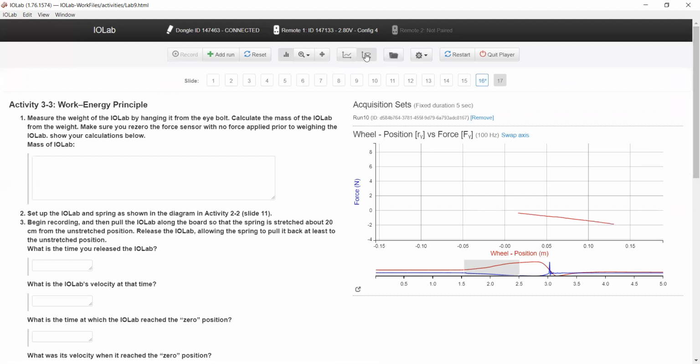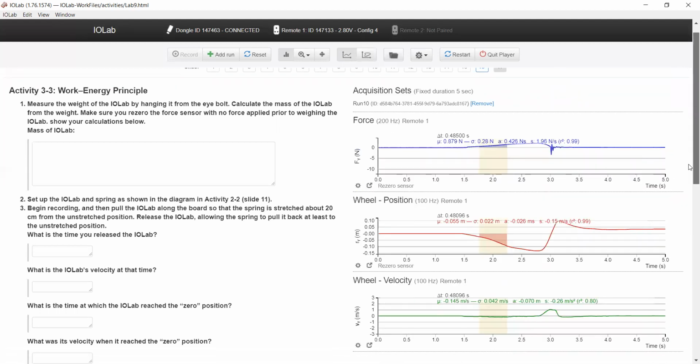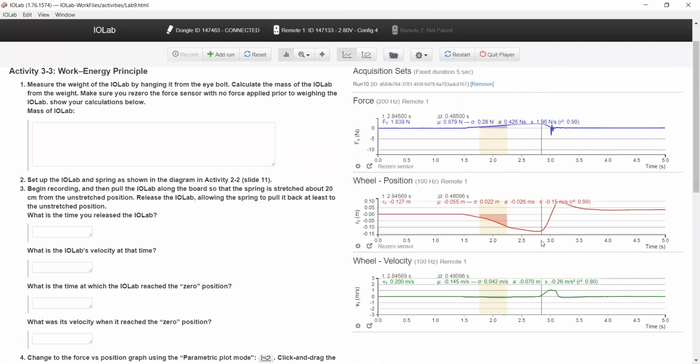That was the graph. So the time was from 2 point something, how much is that? Maximum was around here, 2 point something. The time was 2.78, when it returned back to the zero position, to 3.1. So 2.78 to 3.1.